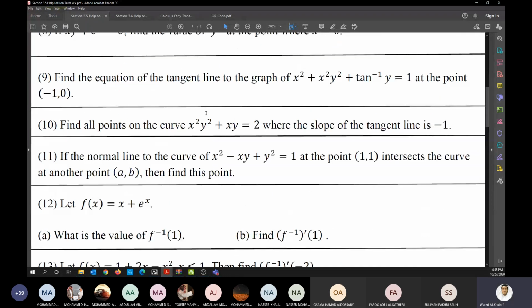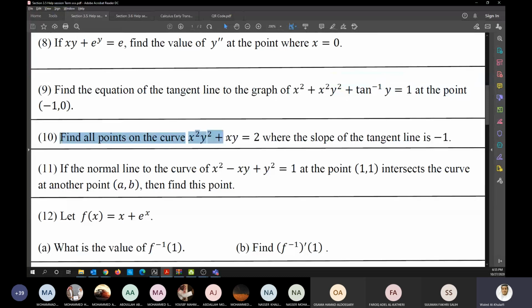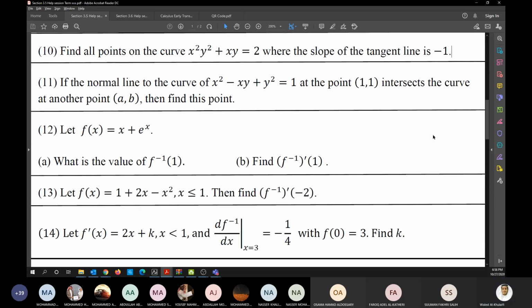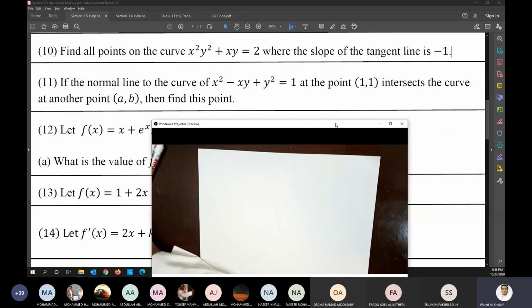Number 10 is something that we need to see. Find all points on the curve x squared y squared plus xy equals 2 where the slope of the tangent line is -1. So let me bring this guy here.